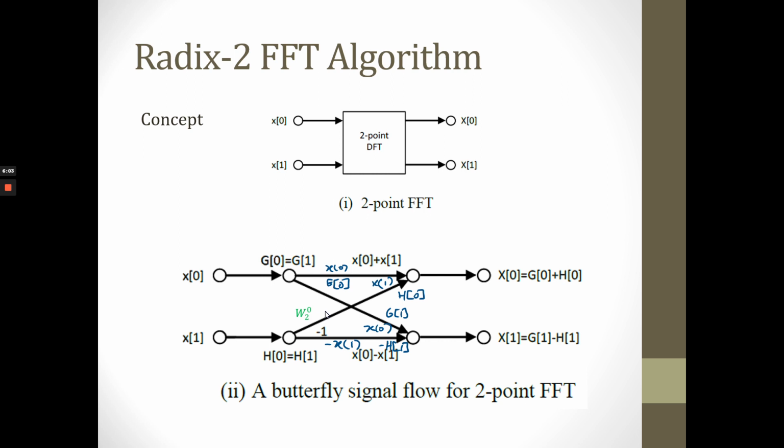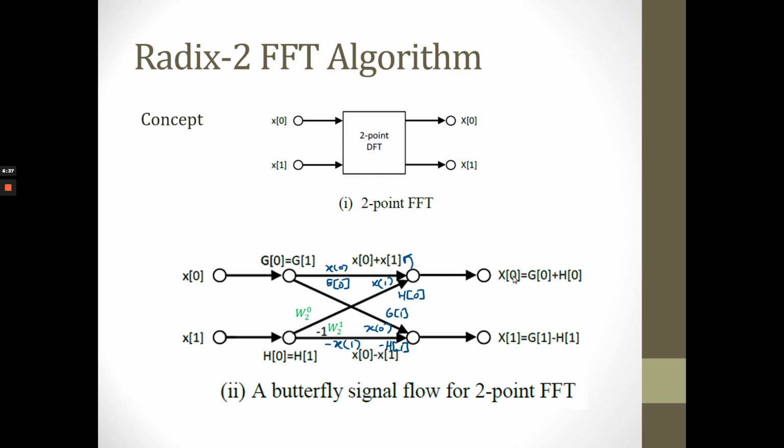That's okay. And then the next one, X1 is equal to g1 plus W1 multiplied with h1. Since W1 is equal to negative 1, we label this line between these two nodes as negative 1, representing W1. That's why this W1 will be multiplied with h1, so we have negative h1.